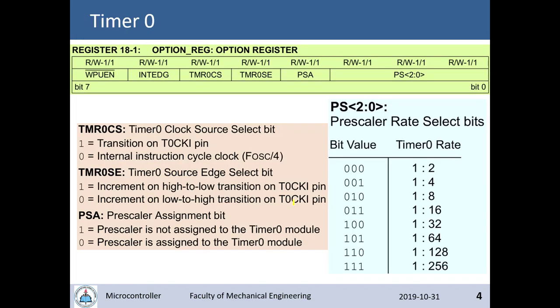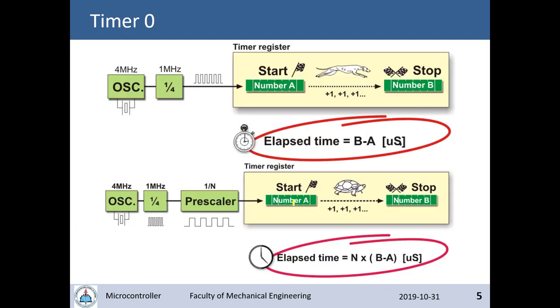For programming using the timer or counter, we set the starting number, and the stop is determined by checking the interrupt flag. From the starting number up to the overflow event, you have the last number, B, which is the maximum of the timer.